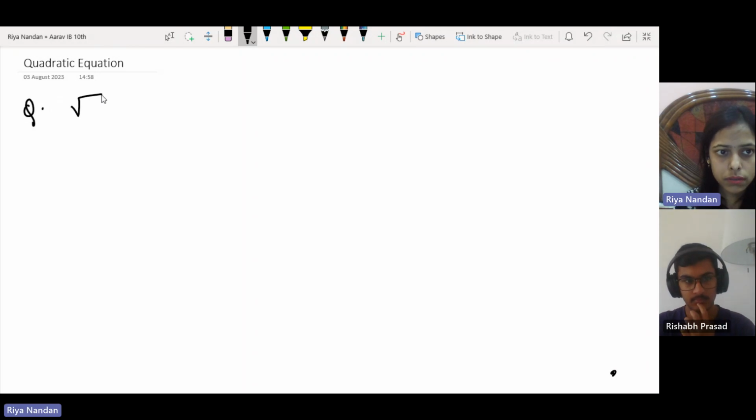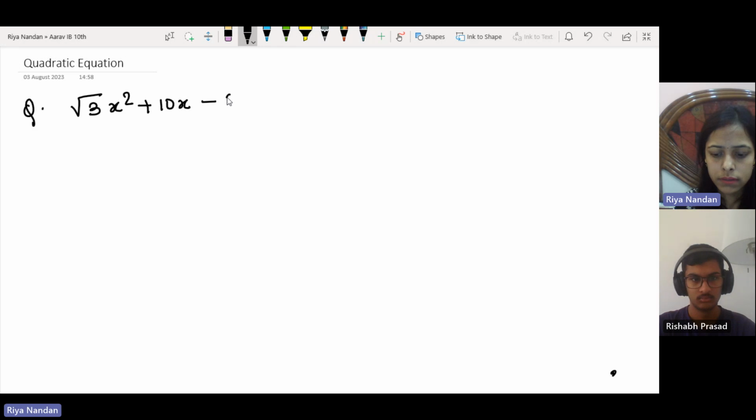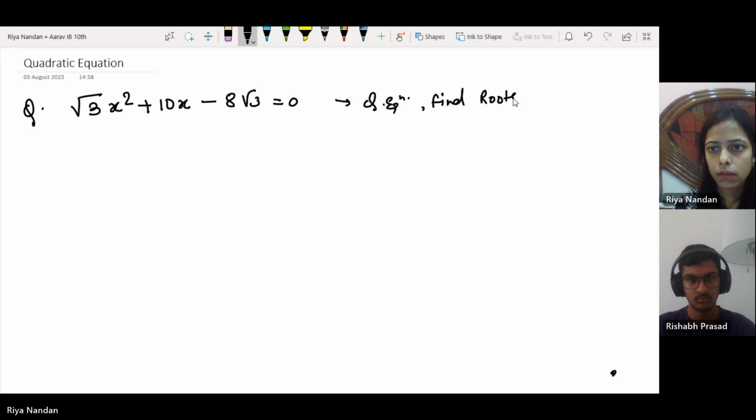The question is root 3 x square plus 10x minus 8 root 3 equals 0. Using the quadratic equation formula, find roots.